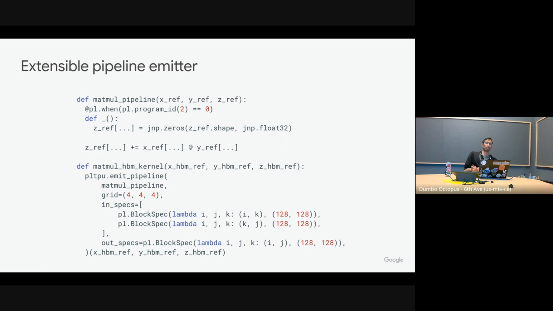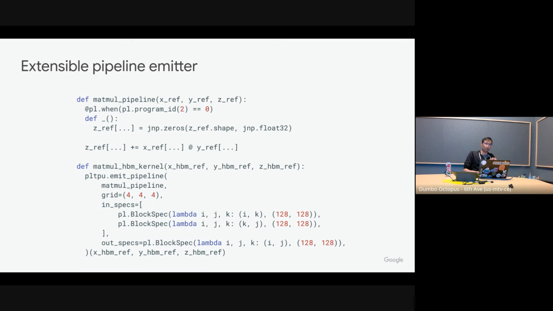And you can imagine us implementing a far more flexible and extendable pipeline emitter using this API directly, because we don't have to go down into LLO to write the pipeline, but we can implement it ourselves in Python directly. So this emit pipeline is a very cool piece of code where we are writing this pipeline explicitly in Python using Pallas APIs that I've already shown you. Other than that, it looks exactly like a Pallas call.